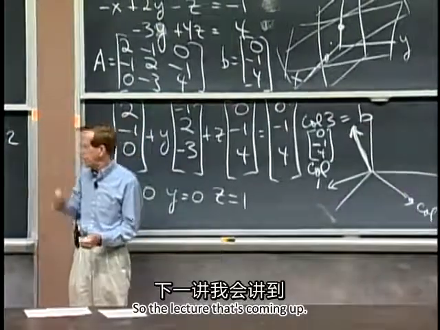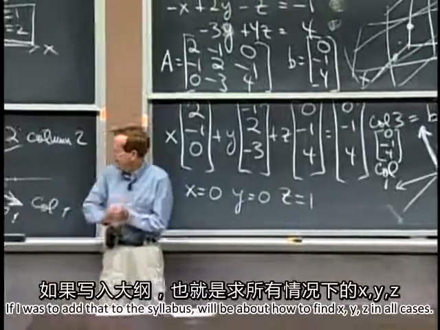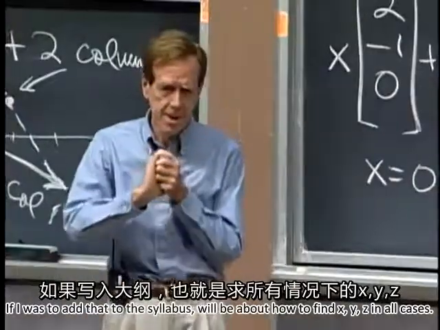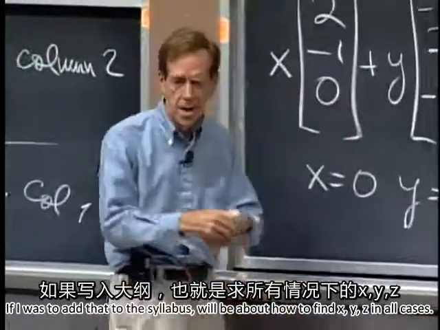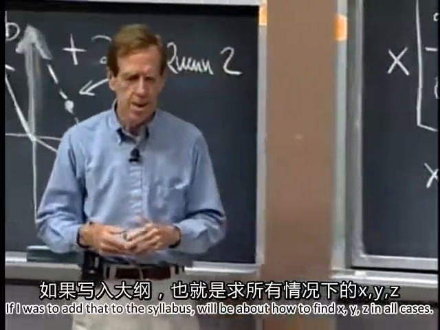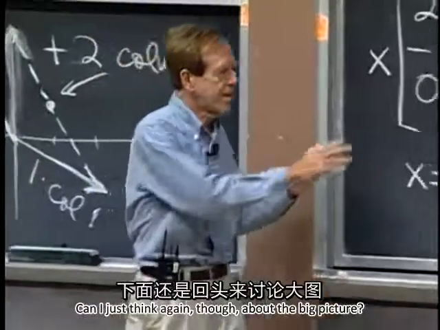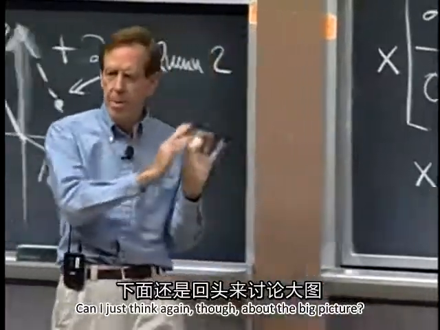So the lecture that's coming up, if I was to add that to the syllabus, will be about how to find x, y, z in all cases. Can I just think again, though, about the big picture?